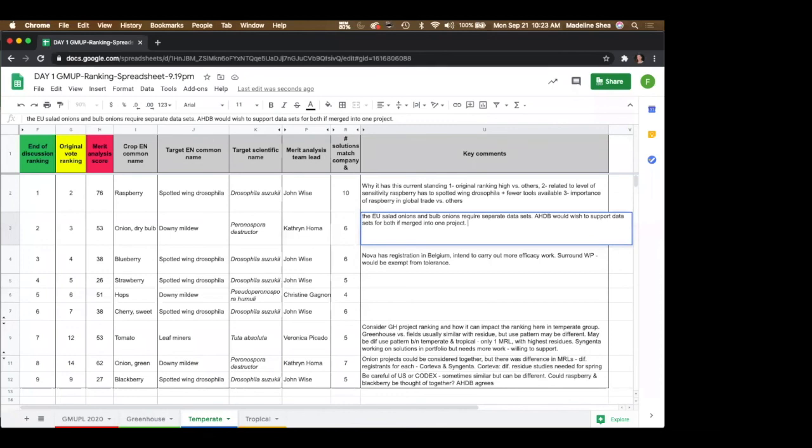Well, I'll make an observation while we're waiting for Kiefer. It may be a part of a logical consensus that's forming, is that our number 1 and our number 2 were very high in the original ranking.